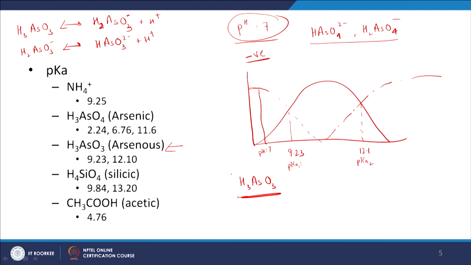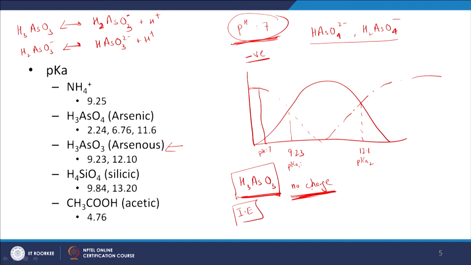It means that this has no charge, and thus, for arsenic in this oxidation state, there is no charge at the usual pH range of 7. So, can you use ion exchange to remove a compound with no charge, especially in this case at pH 7? No.